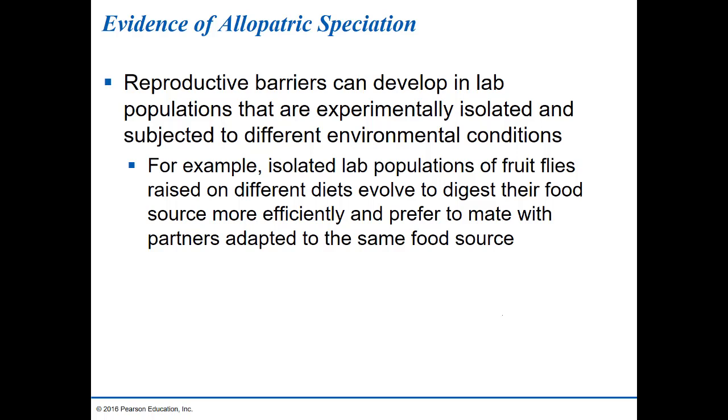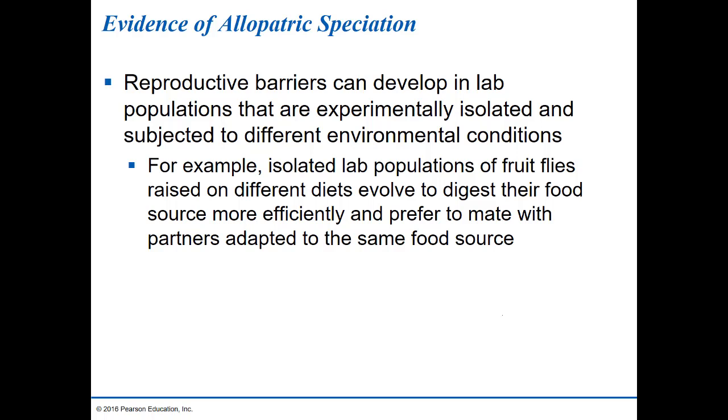Some of the evidence that allopatric speciation is occurring: reproductive barriers can be developed in lab populations that are experimentally isolated and subjected to different environmental conditions. Usually when we do reproductive experiments in the lab, we use animals that reproduce very quickly.